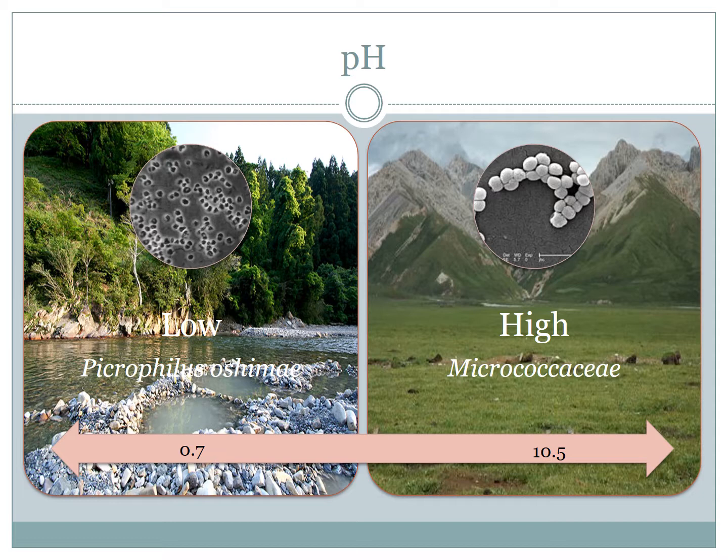And now jumping to our high sample, we see an alkalophilic psychrotolerant bacteria that was isolated from permafrost soil in the Tibetan Plateau near the region of Qinghai.